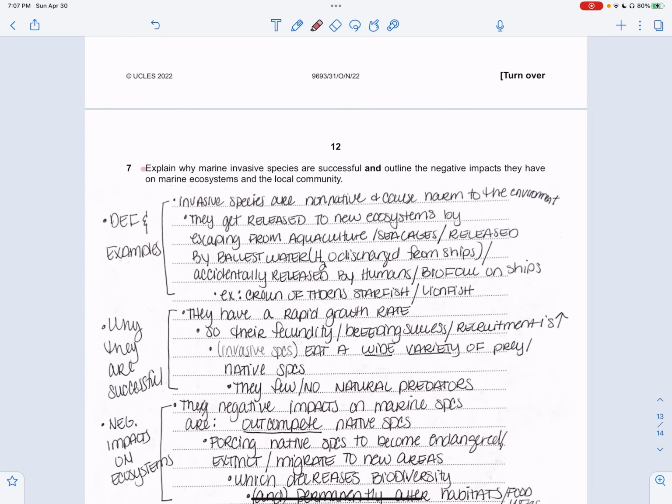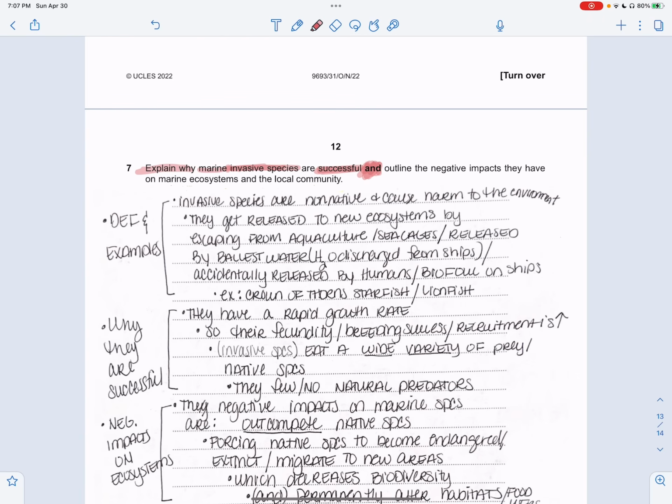All right, so explain why, give reasons why invasive species, marine invasive species, are successful. That's weird because we think of them as something negative, which they are. But why are they so successful, or how do they get to be so negative in their environment? How come they're able to outcompete? How come they're able to dominate that ecosystem, essentially?